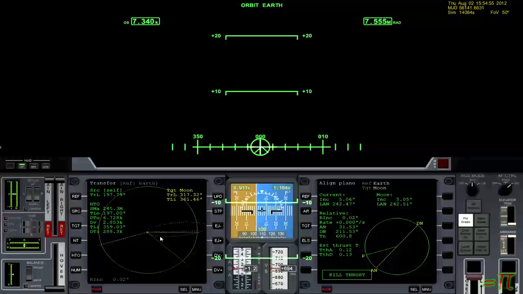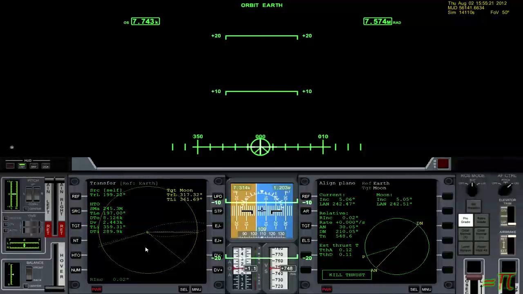This display over here, you'll watch as the DV number goes down, a solid green ellipse will come out and overlay this dashed green one, and the solid green will be our actual orbit. And when the two match up, we're on course.